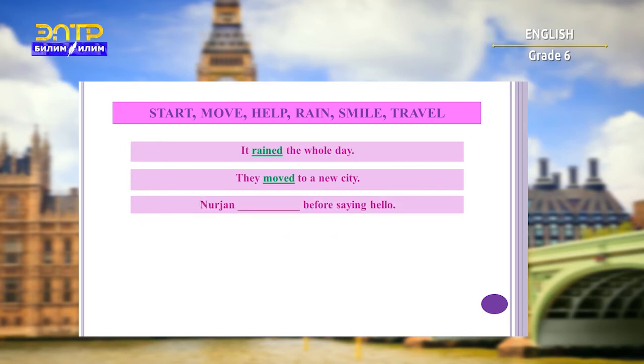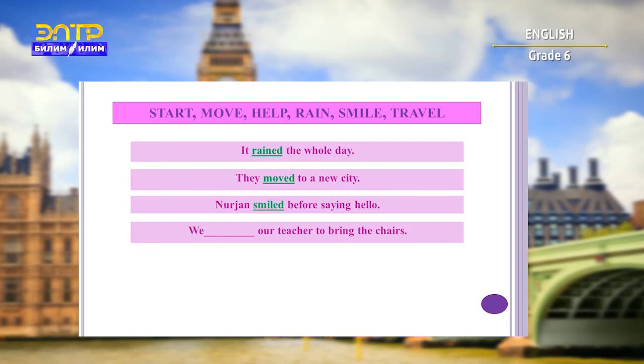Nurjan, before saying hello. The correct answer is Nurjan smiled before saying hello. We, our teacher to bring the chairs. That's right. We helped our teacher to bring the chairs.